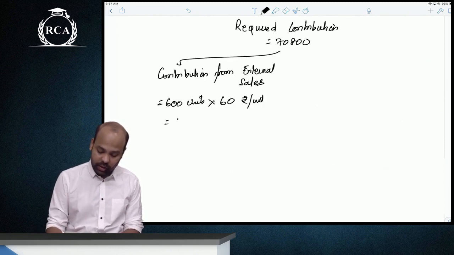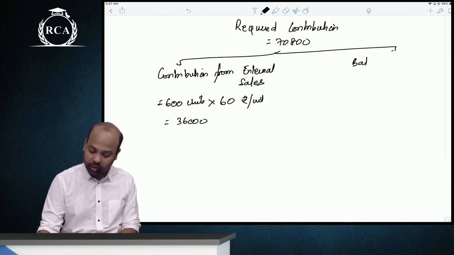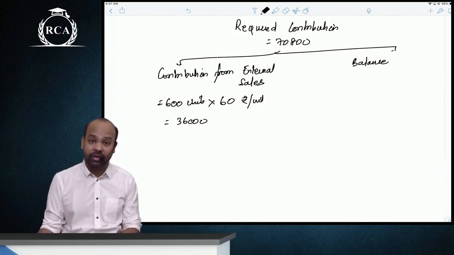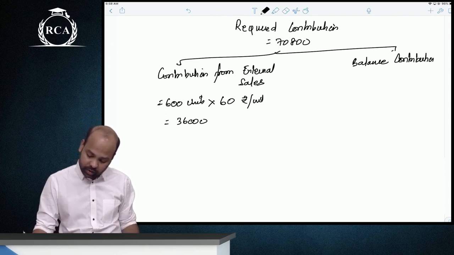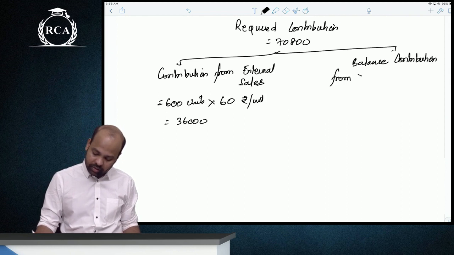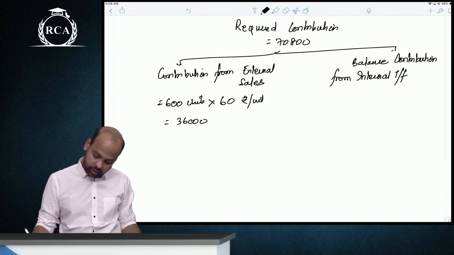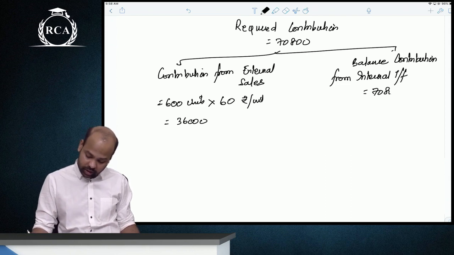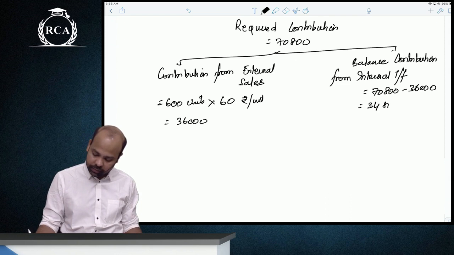So that would be 36,000. It's a coincidence that it is equal to the amount of fixed cost. What is the balance contribution from internal transfers? The balance contribution from internal transfers should be 70,800 minus 36,000, that is 34,800.